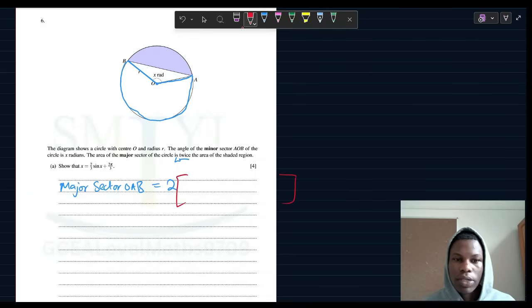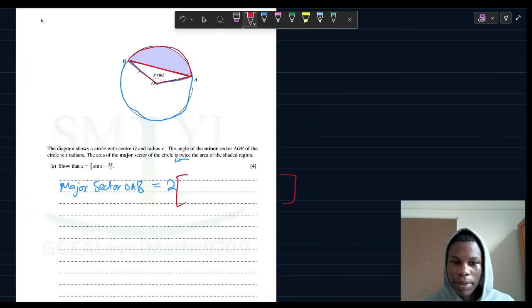So to get the shaded region, it's going to be minor sector OAB minus the triangle, because minor sector OAB is this whole pizza shaped red thing that we have here. So to get the blue shaded region, we just have to subtract the white triangle from the pizza, right?